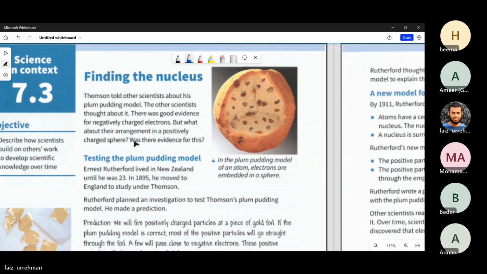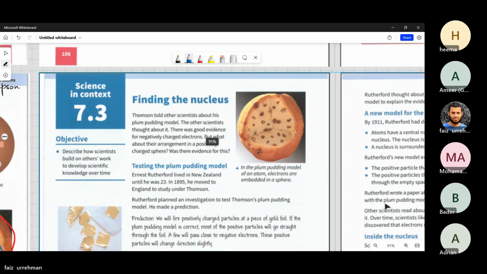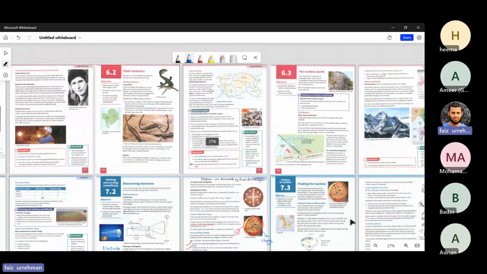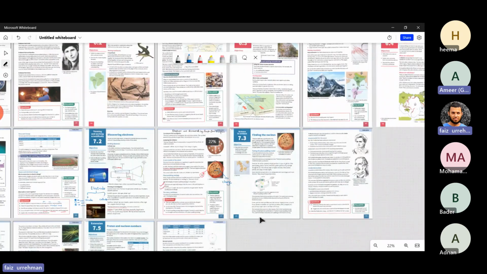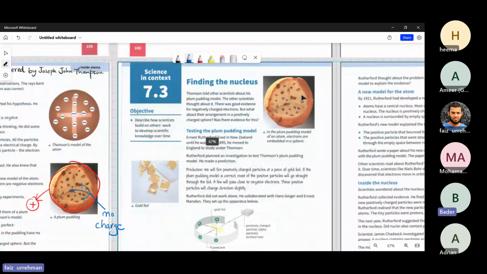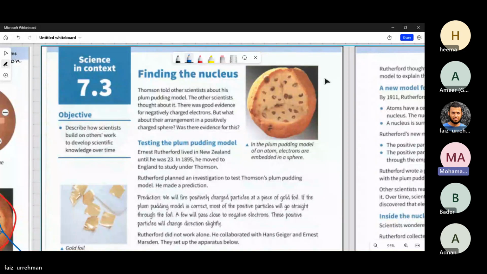Like Thomson released his experiments in a place that we took in chapter 6. I don't know what you are talking about. I'll move on. We are not going anywhere.